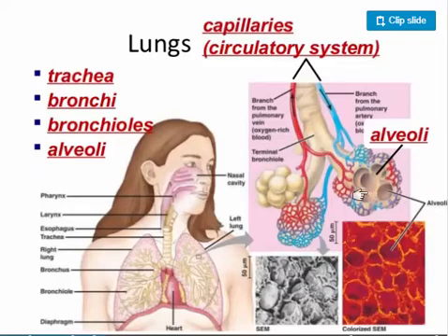Again, the air is going to enter through your lungs, and at the level of the alveoli, a whole new process is going to happen. At the level of the alveoli, which are lined by capillaries, there will be exchange. This oxygen is going to pass from your lungs into your body.